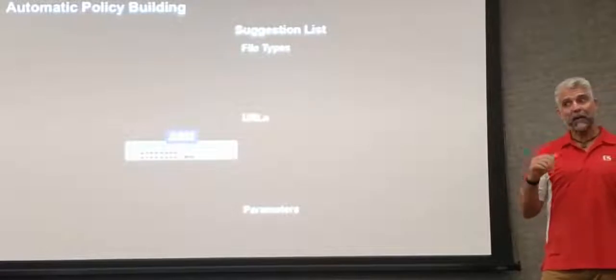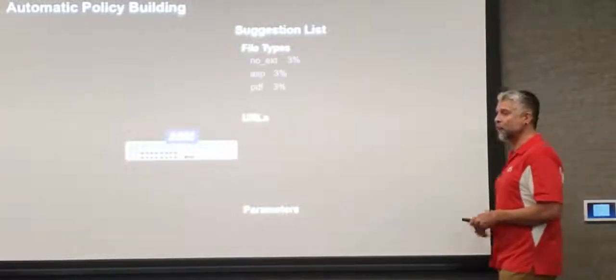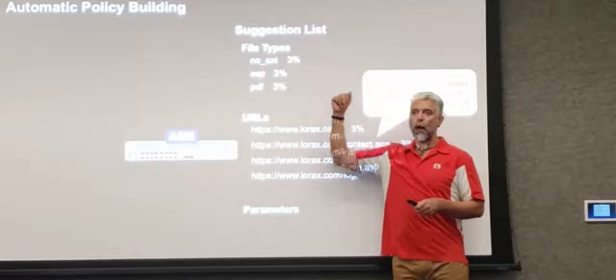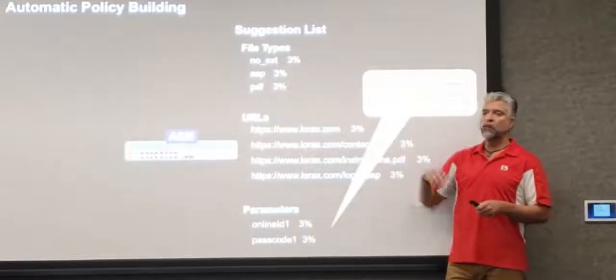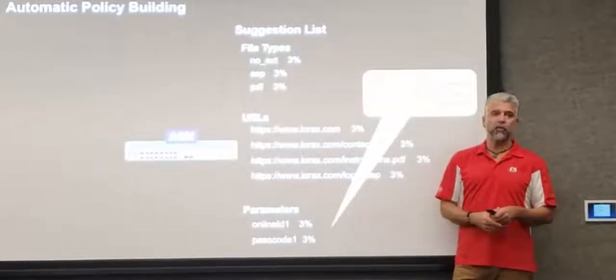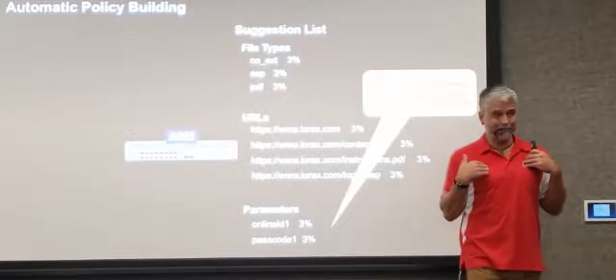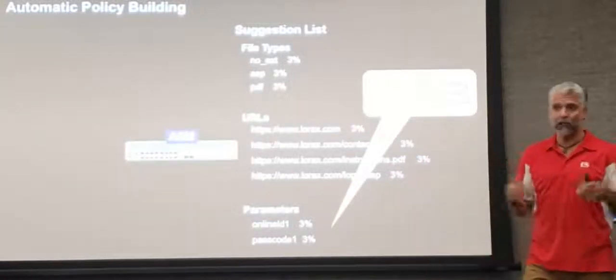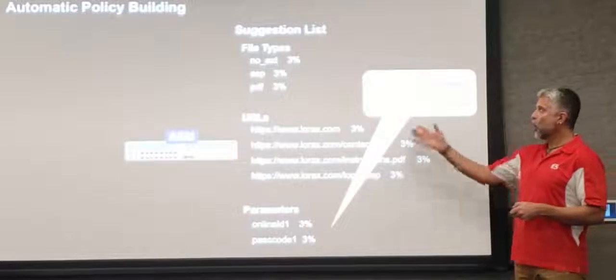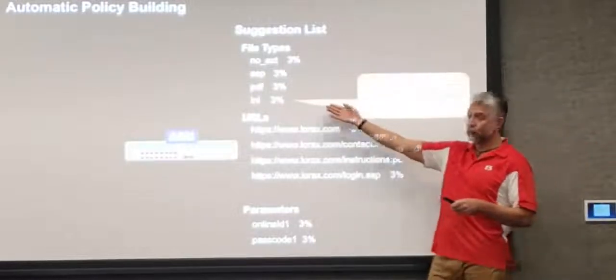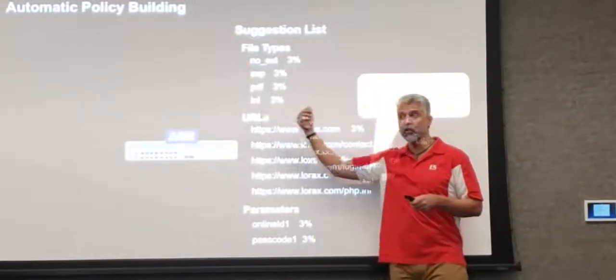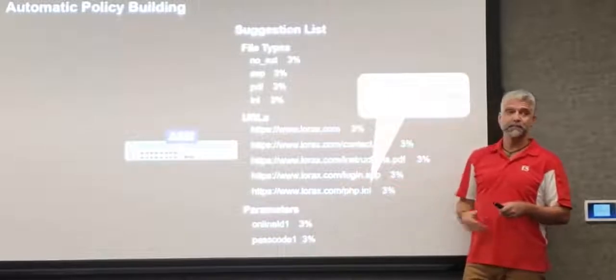Now let's talk about automatic policy building. Automatic policy building begins in the same manner. We have file types maybe, we have URLs maybe, parameters. Again, this is just if we've chosen to include that as part of our security policy. Over time, we also still have malicious entries potentially in all of these.